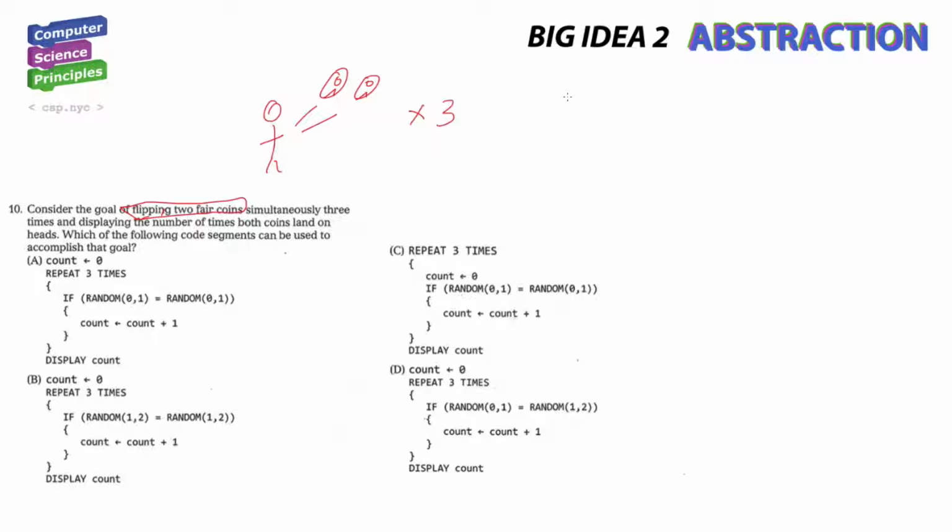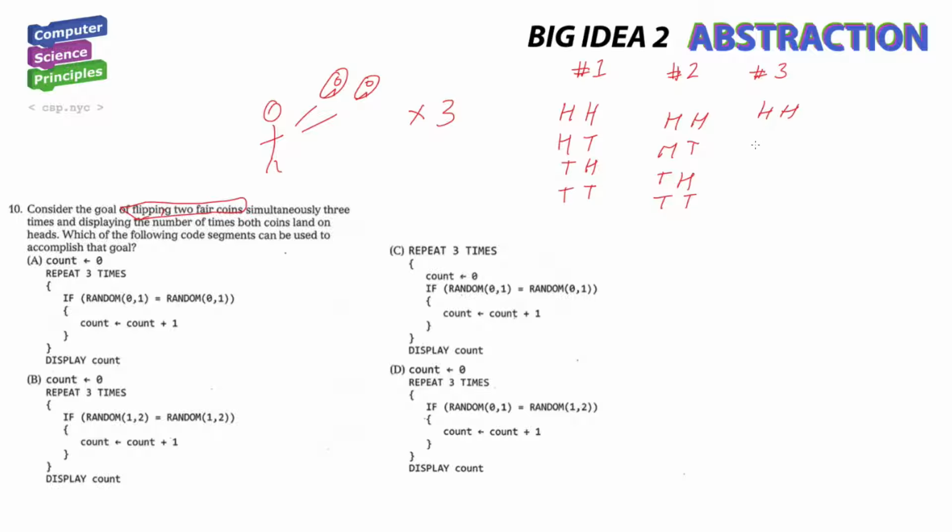So the first time you could get head head, head tail, tail head, or tail tail. So this is the first time, and then you've got the second time, and then the third time, and the same things can happen.